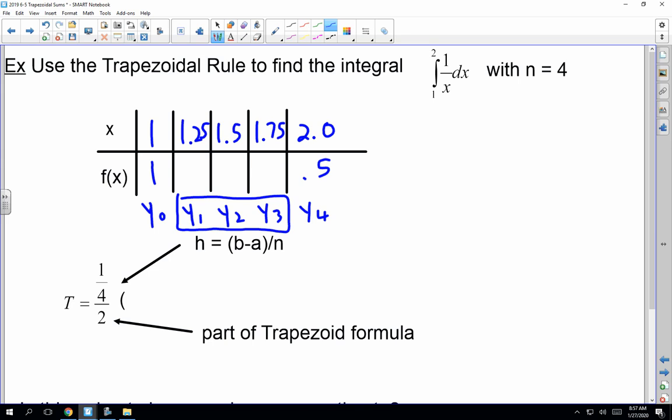And then 1 over 1.5 we get 0.67, and 1 over 1.75. What do we get?